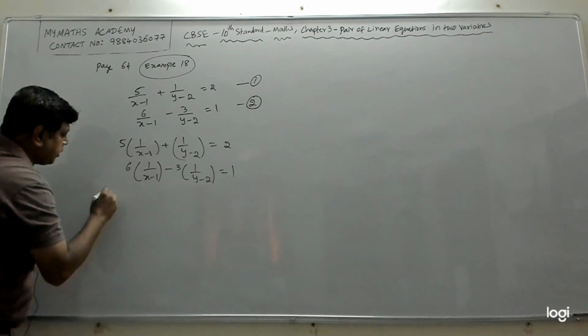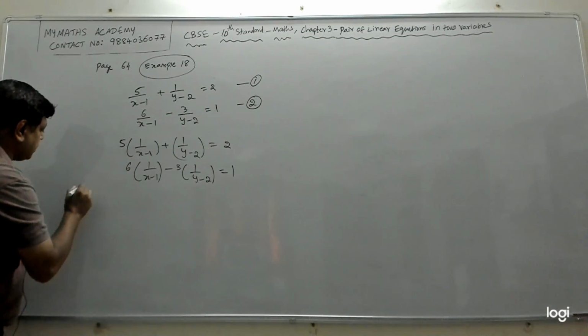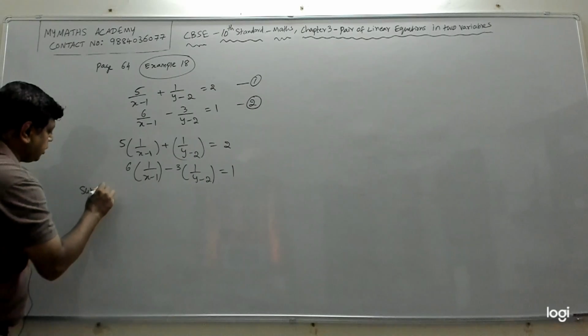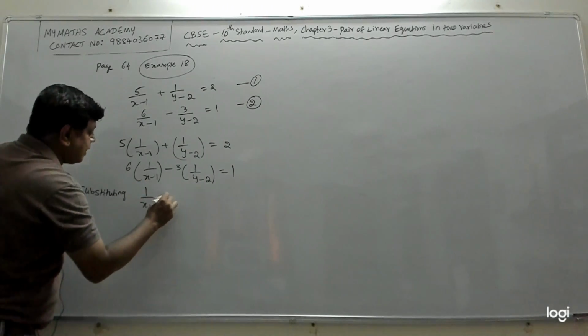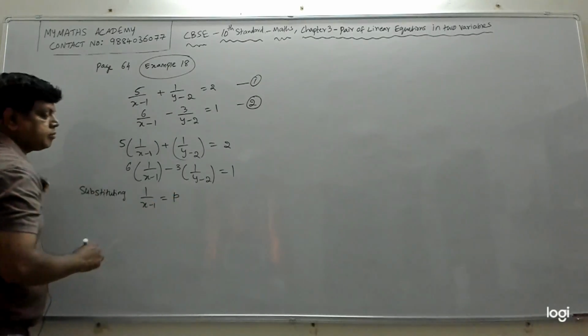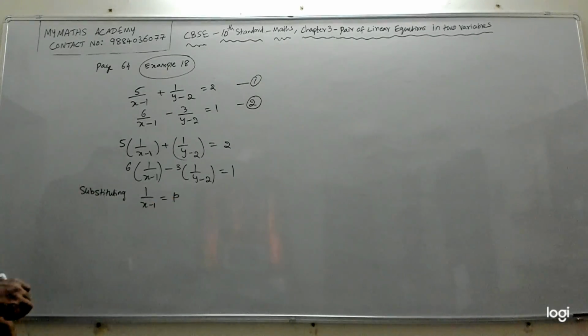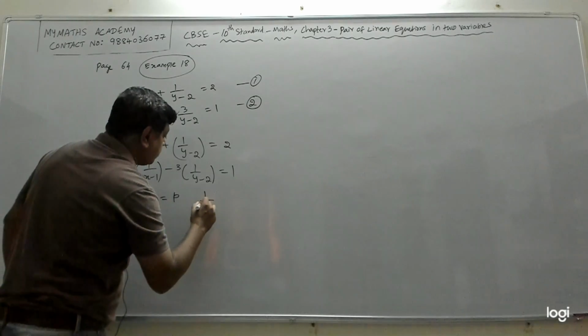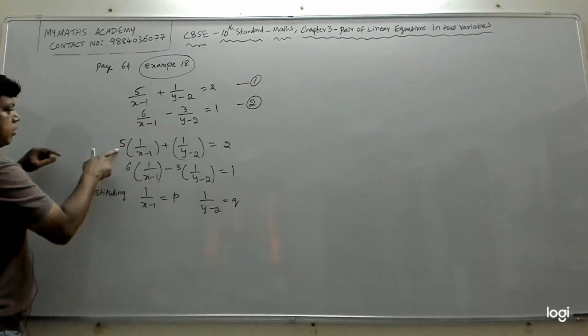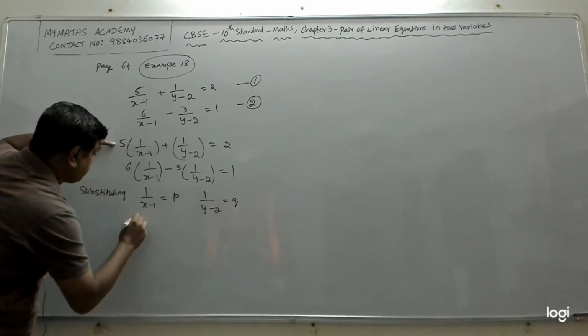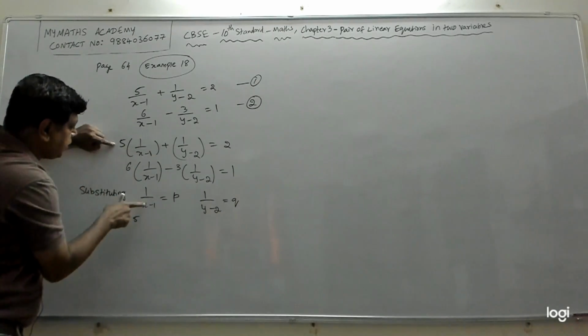Then what we can say here? We can put, or we can substitute, 1 by x minus 1 as some variable p, and 1 by y minus 2 as q. So if you put this in here, this equation becomes 5 into 1 by x minus 1, which is p.